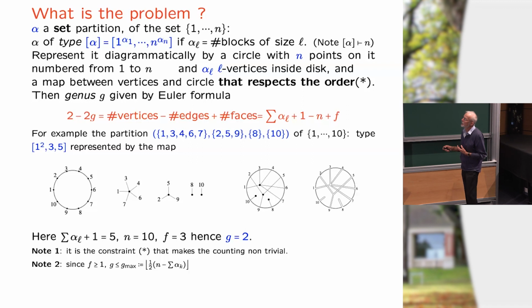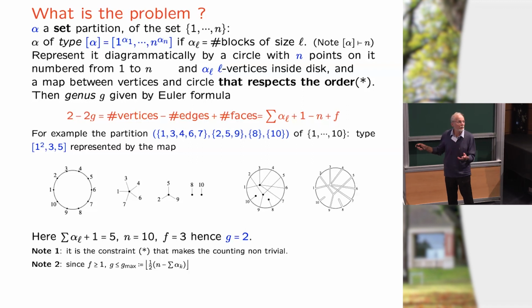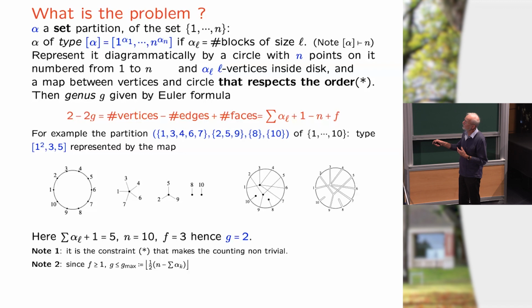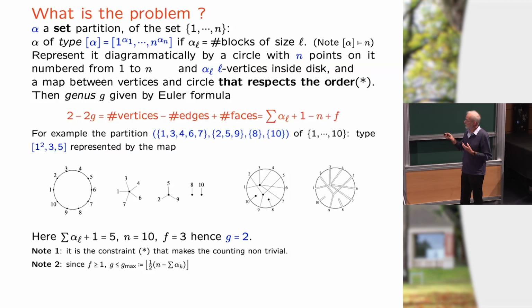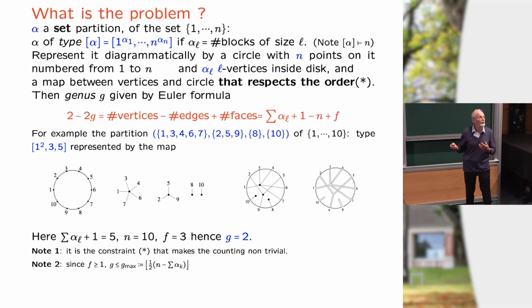Two observations before I go on. The first is that it's the constraint that the edges coming from a given vertex cannot cross which makes the counting of these diagrams difficult. Otherwise, you have a variety of techniques that would use just ordinary maths. So it's that constraint which makes the problem non-trivial.